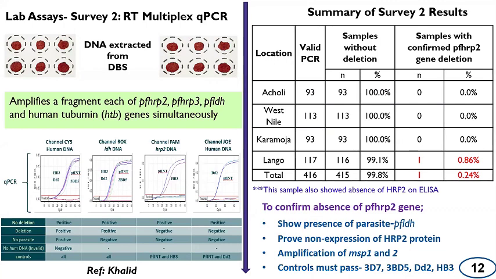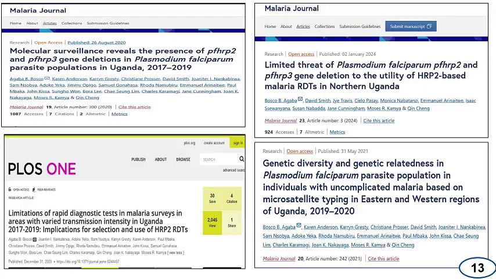This also proves the quality of DNA, to show that the non-amplification of the gene was not due to poor quality DNA. But also all these controls must pass, which are the laboratory strains with known HRP2 status. We have published our work in several journals and it can be accessed for reference.